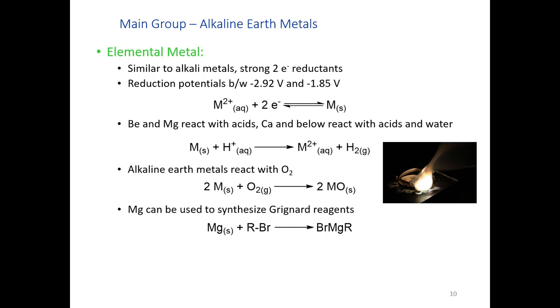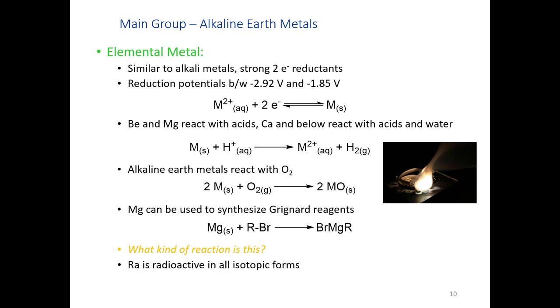You often need to activate your magnesium using iodine or grinding under an inert atmosphere, etc., in order to expose the elemental metal underneath that magnesium oxide layer. What kind of reaction is this, the formation of a Grignard? This is a redox reaction, but is also a very specific type of redox reaction called an oxidative addition. We will cover these types of reactions later on in the course.